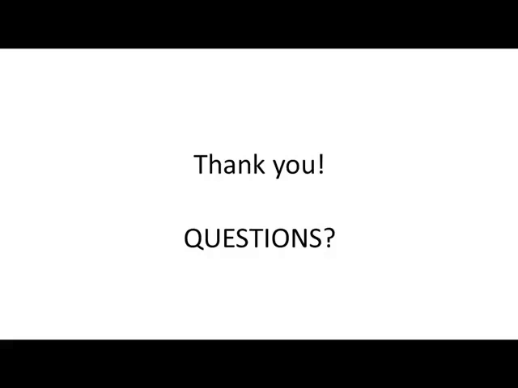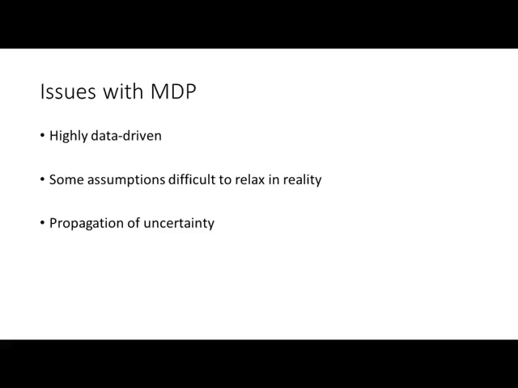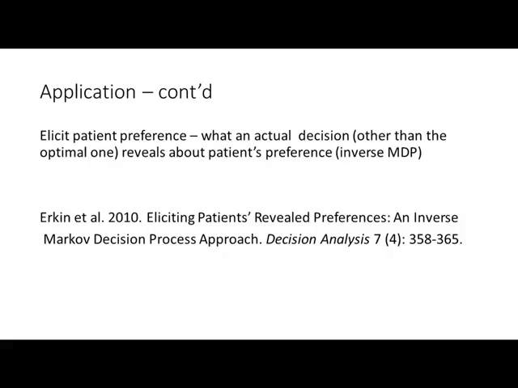Yes. When you're talking about data-driven, how much data do you actually need? Are we talking very large? A lot of data. In this publication, they have liver transplant data from over 30,000 patients. So we're talking about a huge data set if you want to accurately estimate transition probabilities as well as the expected rewards for each state and action.